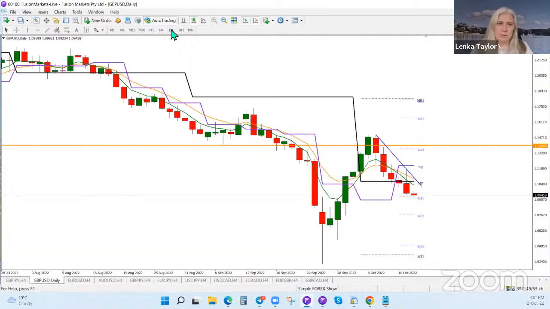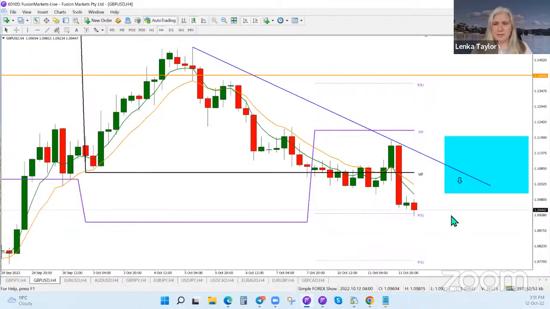So on the daily, we have this trend now going downwards. Price action closed quite low yesterday, so now looking for a pullback.